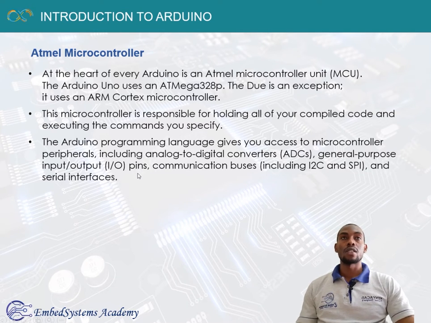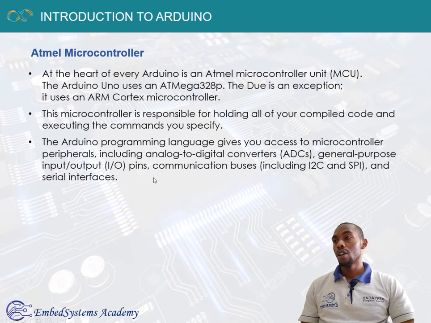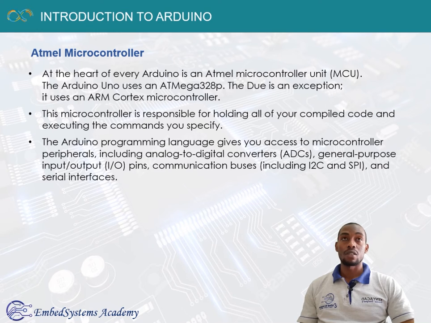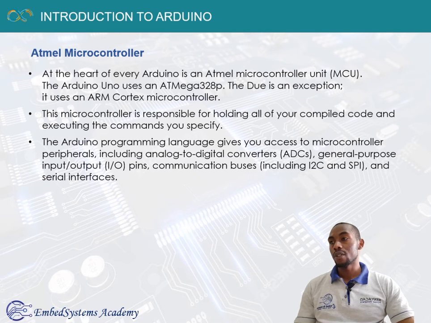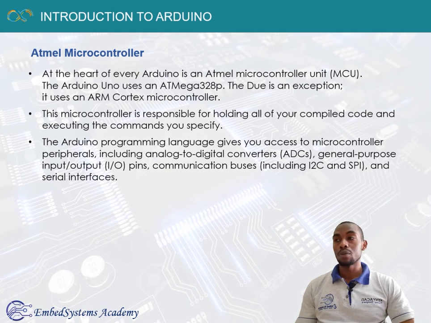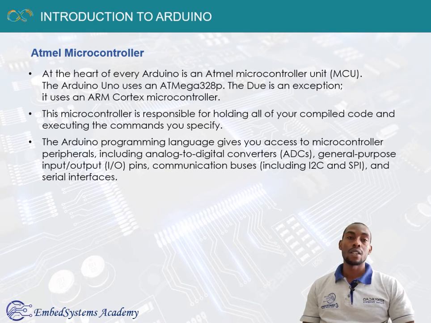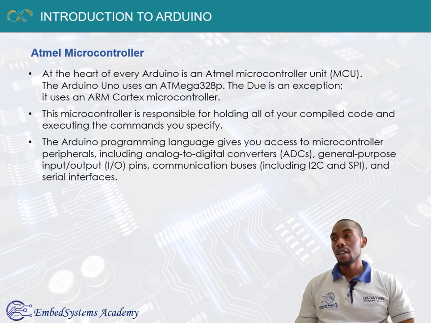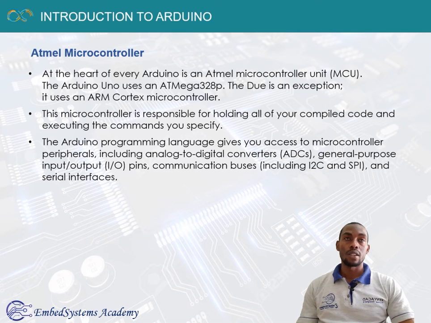This microcontroller is responsible for holding all your compiled code and executing the commands you specify in your code. The Arduino programming language gives you access to microcontroller peripherals, including analog to digital converters, general purpose input and output pins, communication buses such as I2C and SPI, and also serial interfaces.